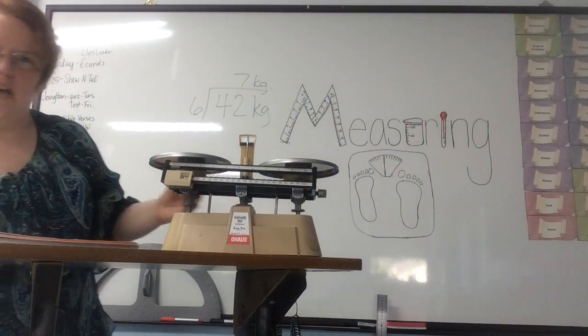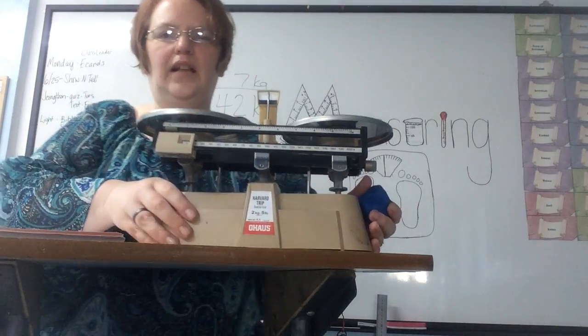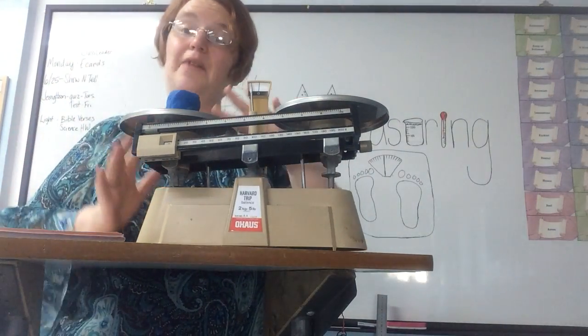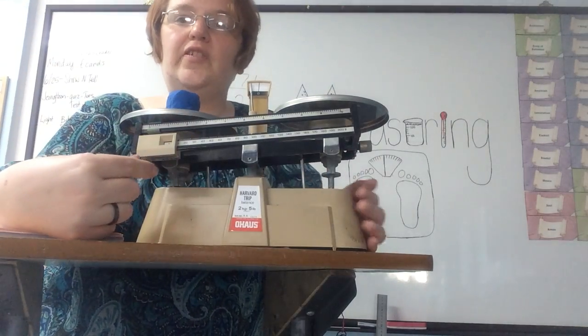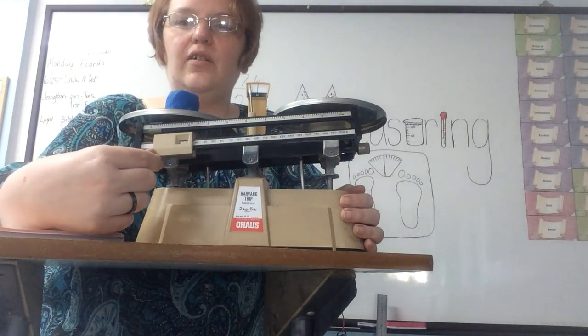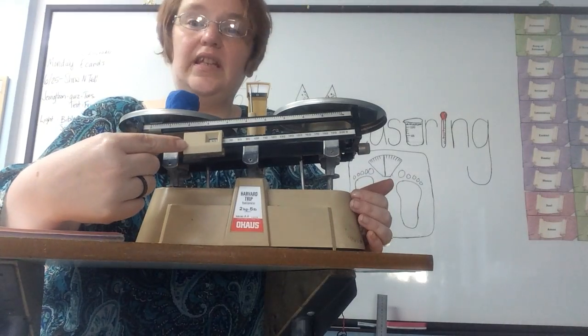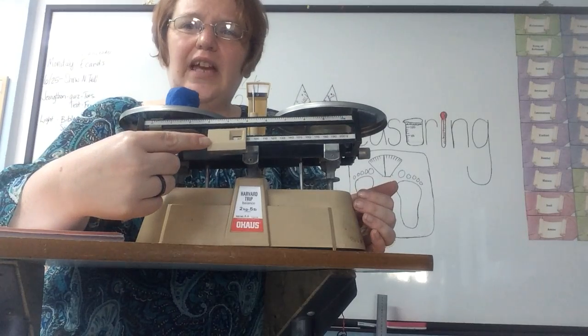All right. I'm going to get up a little closer so you can see the balance and what it does. Okay, so I'm going to put this in the center. All right, so it's not balanced, so we got to equal the balance. All right, so what we do is we start with this big weight and we click it over. And if you happen to get to play with one of these, that's a lot of fun. You keep clicking until the other side falls down.